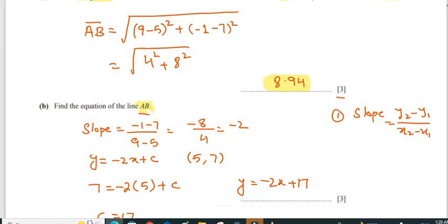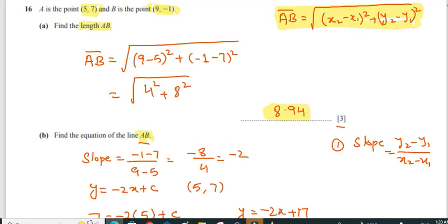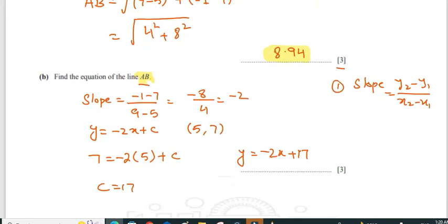When you find the slope by putting in the values of these 2 points, it will be minus 2. Then substitute this value into y is equal to mx plus c, and also substitute one of the points, which I have chosen as (5, 7). The final answer for c is 17 after solution. When I put this value back into the general equation, this is my final answer.